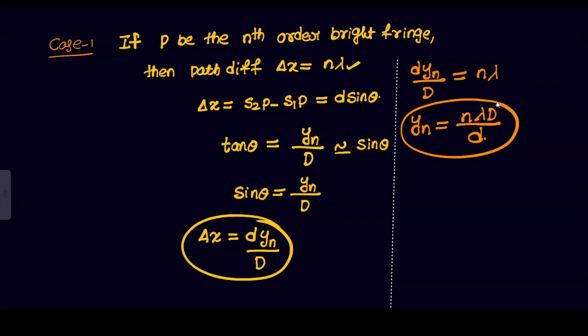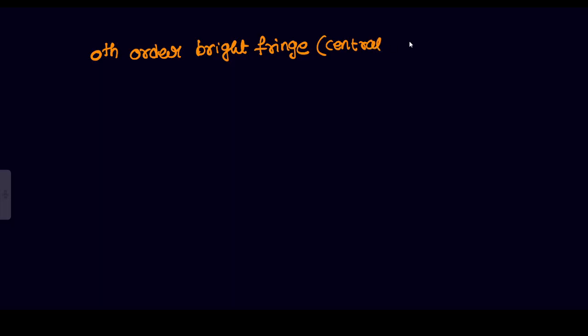Where n is, if I want the central bright, the central bright is also called the zeroth order bright fringe. In that case n value is 0, then y naught comes as 0.